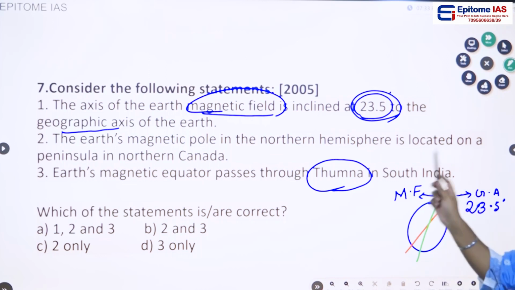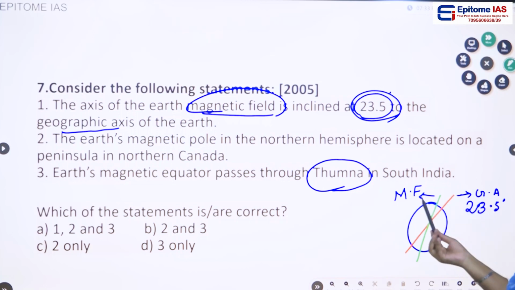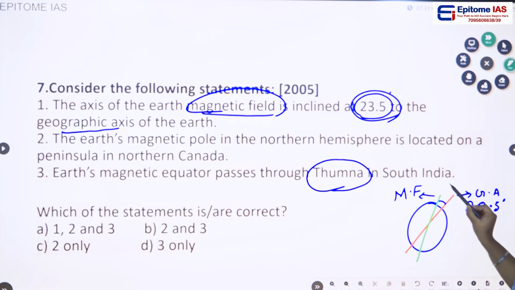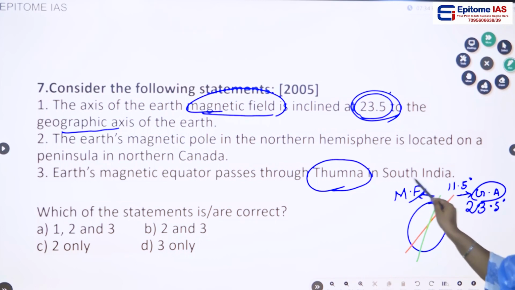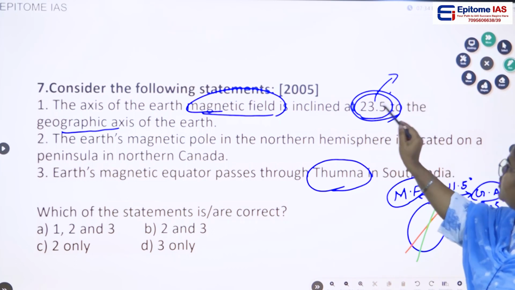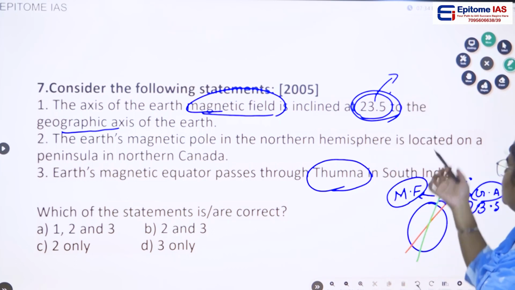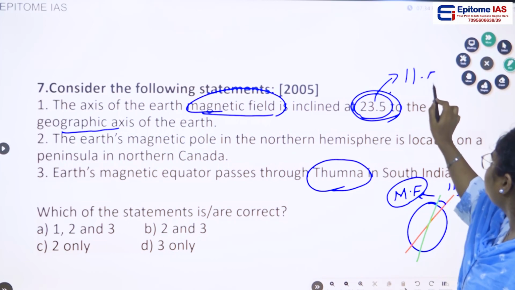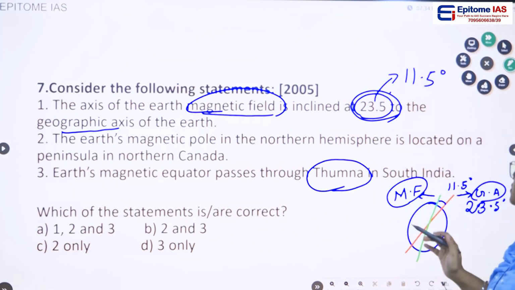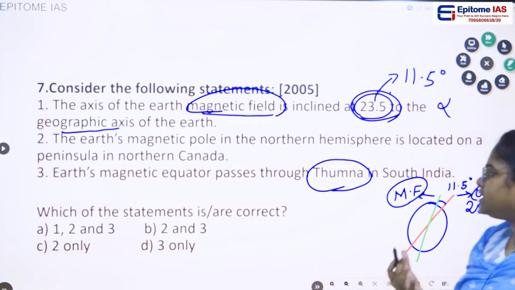What they are saying is the axis of Earth's magnetic field is inclined at dash to the geographic axis of the Earth. The difference would be somewhere around 11.5 degrees between the Earth's geographical axis and the Earth's magnetic field. So the 23.5 degrees which they have given is wrong. The correct difference would be 11.5 degrees. So this statement is a wrong statement.